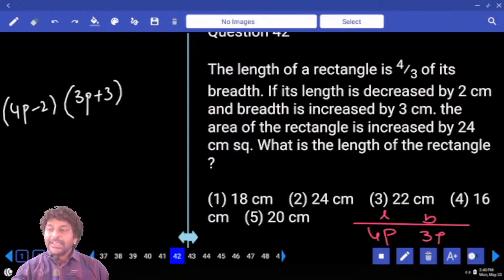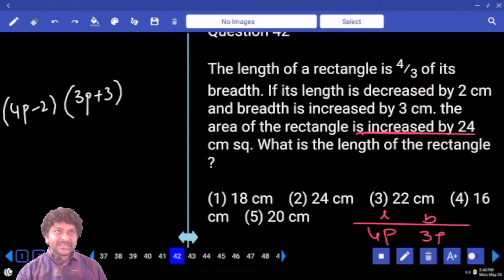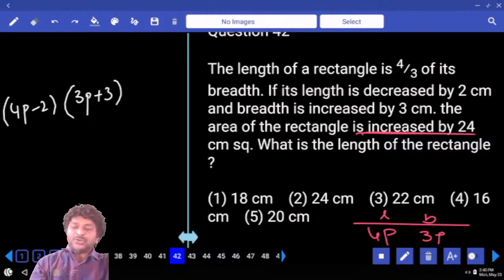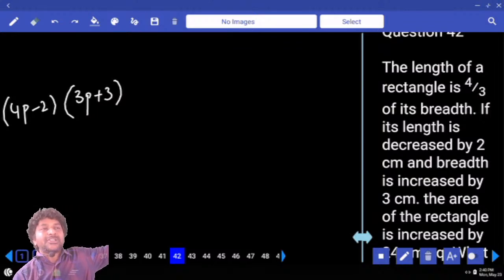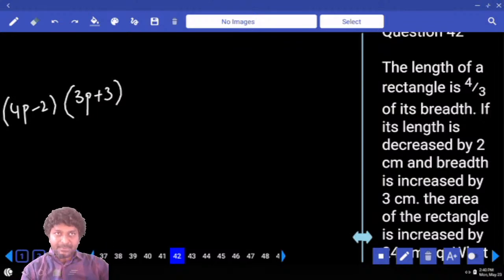Increase or decrease, that is the meaning of difference, right? So the second time, area of the rectangle is 4 parts minus 2 into 3 parts plus 3.